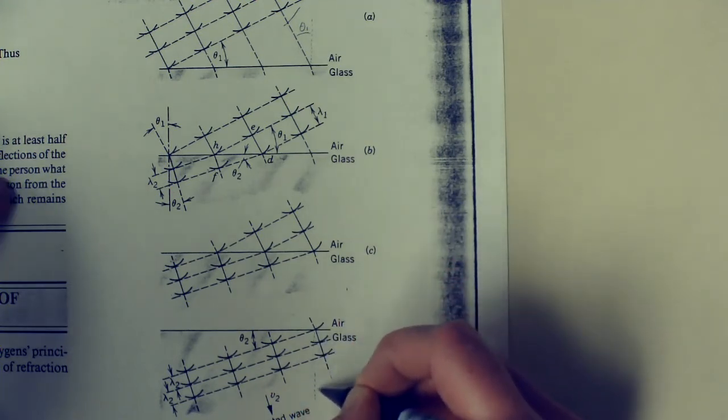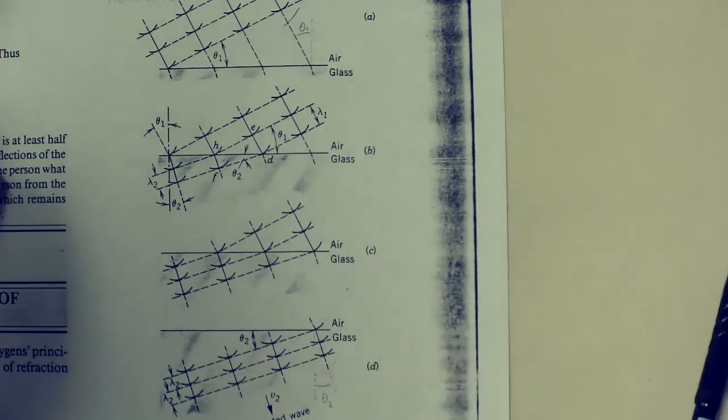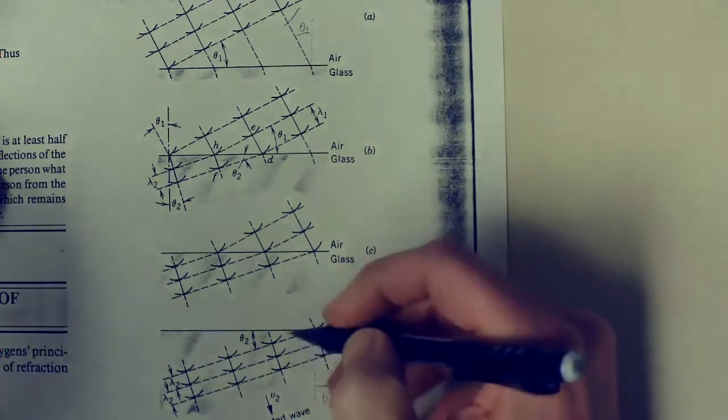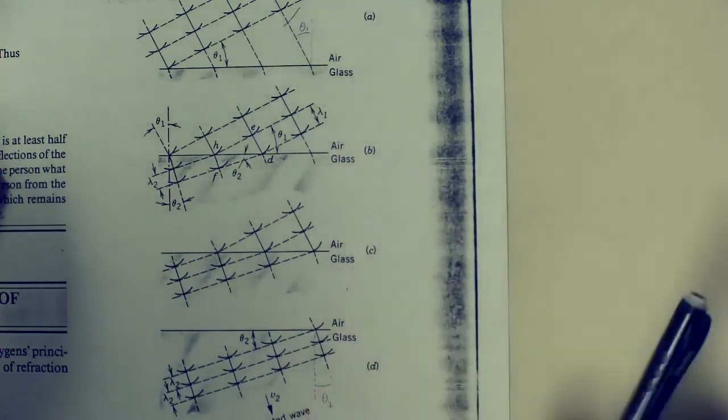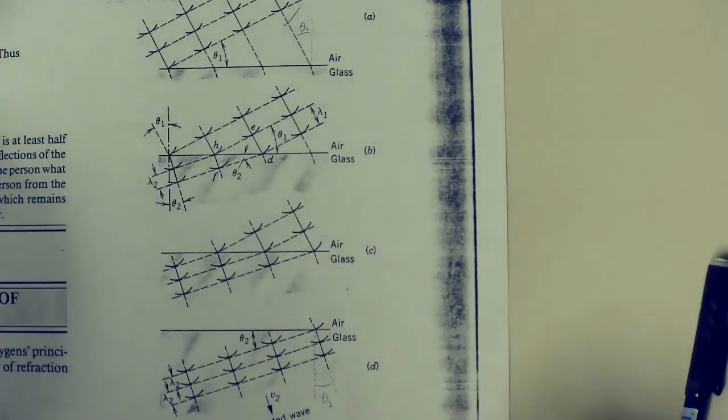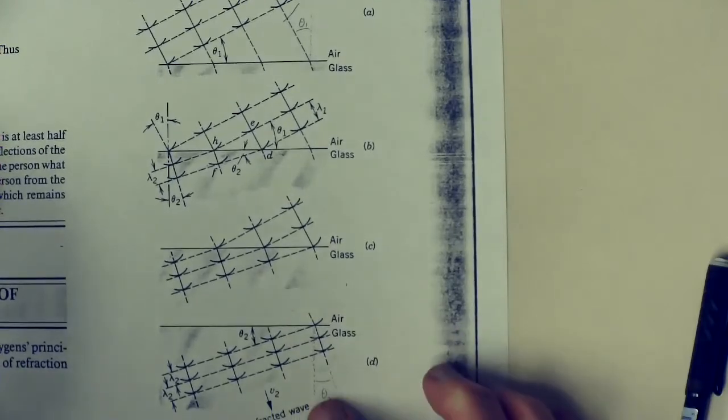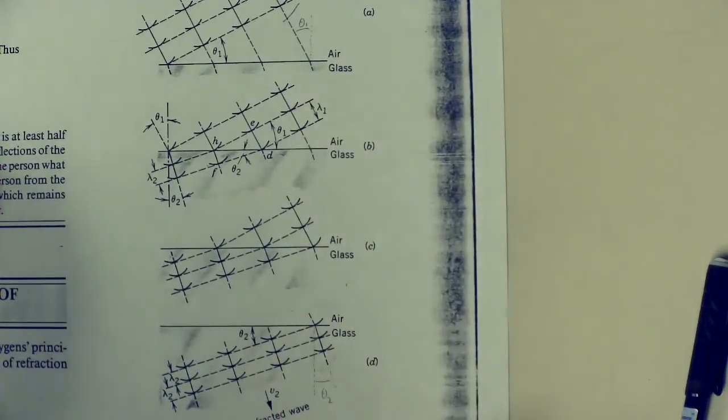And keep this one going here, and this would be theta 2. And so you notice that it has bent, and if you think of it in terms of the normal, it has bent toward the normal. Theta 2 is a smaller angle than theta 1.